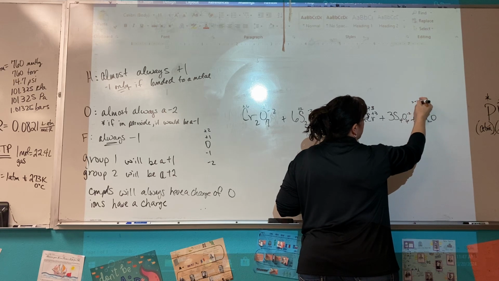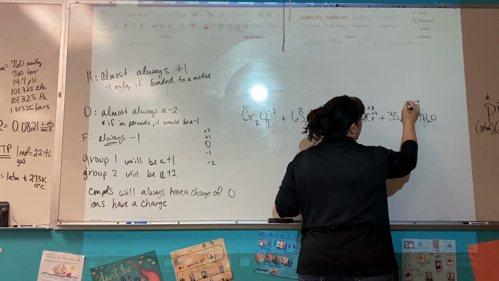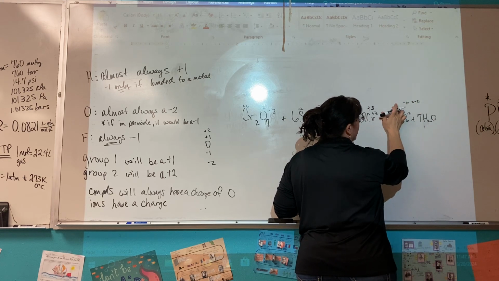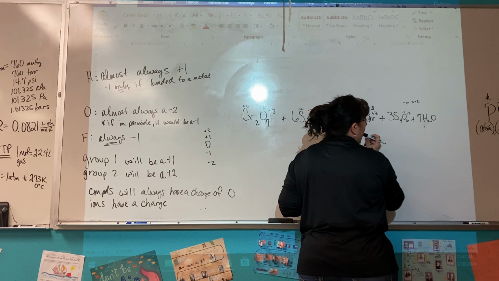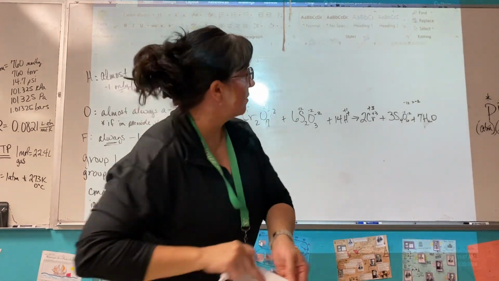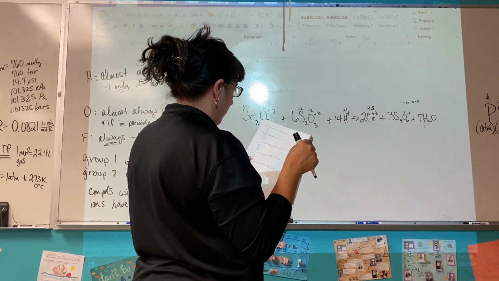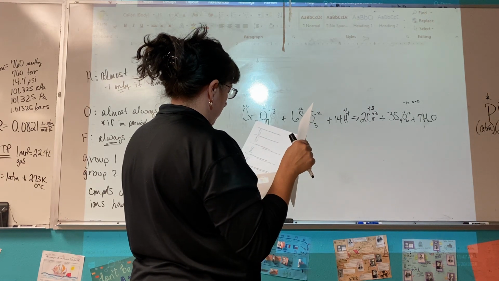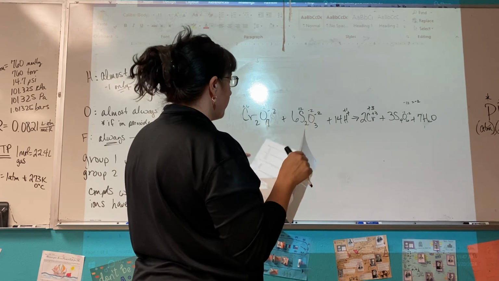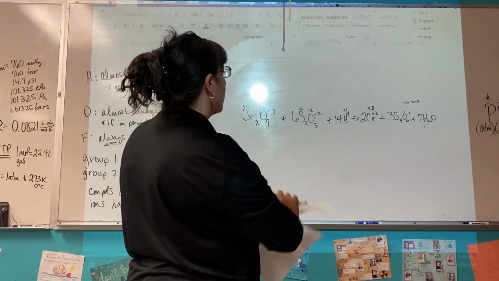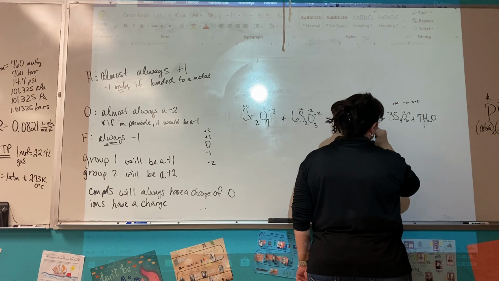Okay, let's look at S4O6. Everything here should add up to a -2. So this right here would be -2 times 6, which is -12. So what does this have to equal? Okay, let me make sure I wrote that right. I had to do +2.5. It shouldn't have a 0.5.